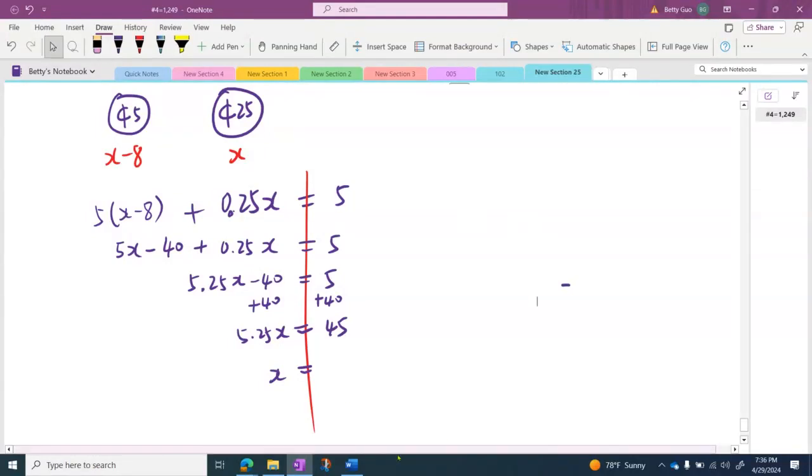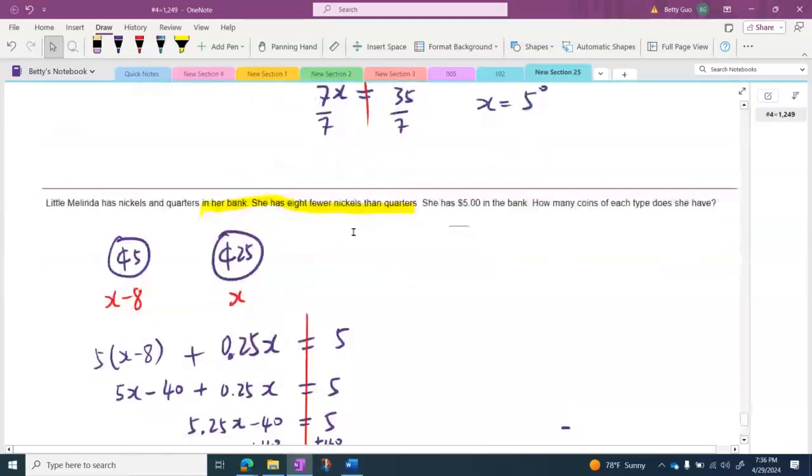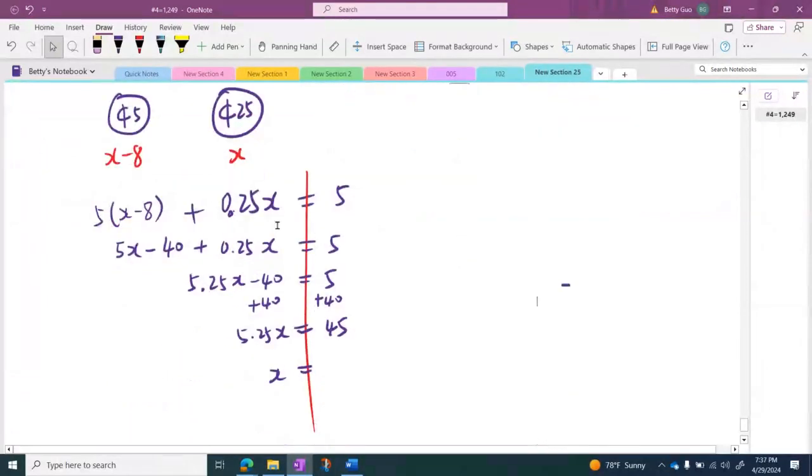It has to be an integer. Let me double check. She has 8 fewer nickels than quarters. She has $5 in her bank. It's correct.